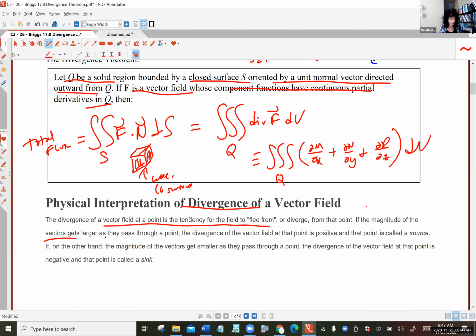So if the magnitude of the vectors gets larger as they pass through a point, the divergence at that point is positive, and that point is called a source. If, on the other hand, the magnitude of the vectors gets smaller and smaller as they pass through the point, the divergence of the vector field at that point is negative, and that point is called a sink. We'll talk more about sources and sinks in this section, okay? Because it's important.